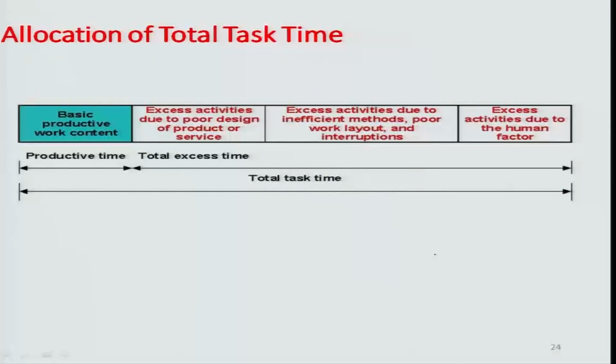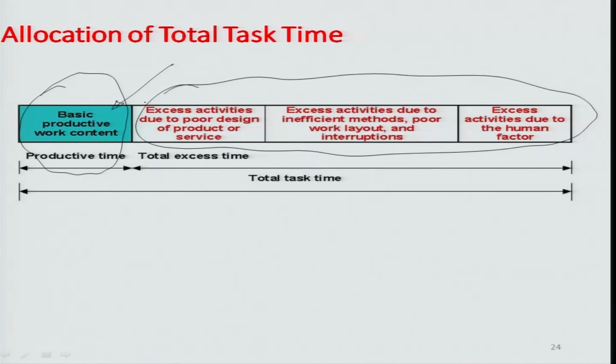So, in fact, if I looked at the total allocation of task times, the basic productive time of a task is this small. If I really wanted to emphasize the need for ergonomics, and this is a problem in all the task designs, the basic process would have a very small amount of actual productive work content, and most of the other time that is spent is in terms of these excess activities, maybe due to poor design of product or service, excess activities due to inefficient methods, poor layout, interruptions, excess activities due to human factors.